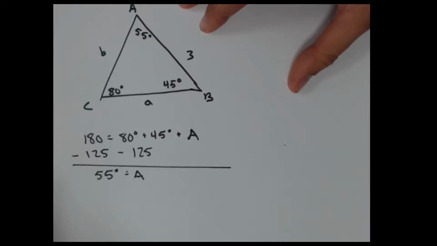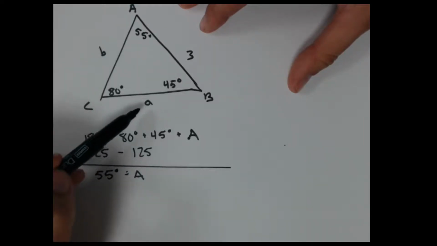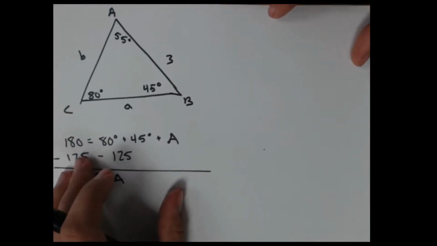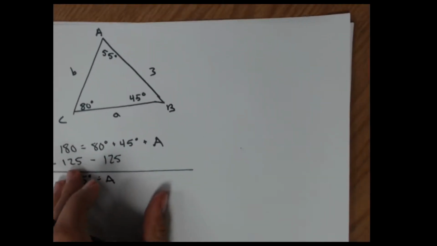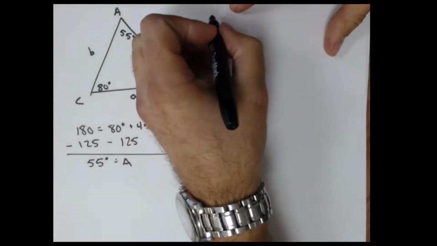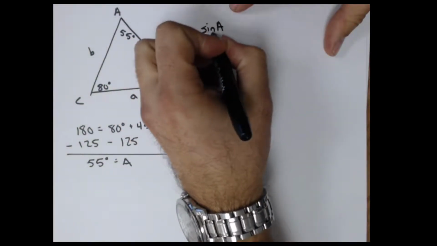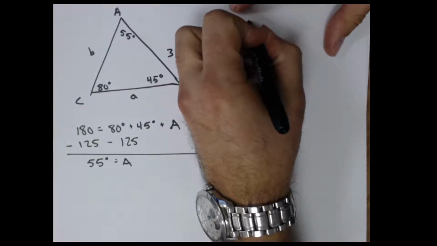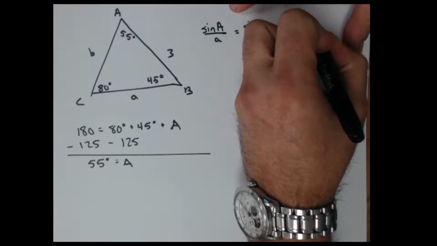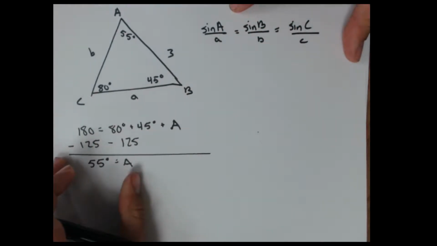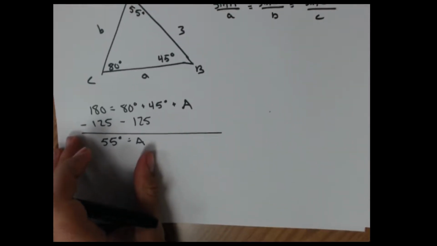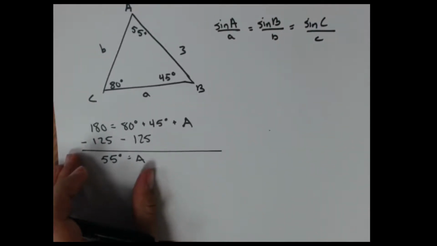Now I need to find my missing sides, B and A. So I'm going to set up all my little ratios first. Let's see if I can squeeze this over here. Alright, there's a little bit more space. So I know that sine of angle A over A, sine B over B, and then sine C over C. But what's more important here is all the stuff I know.